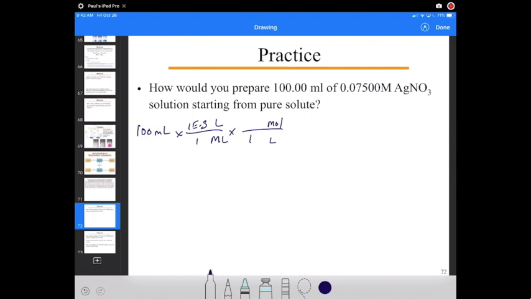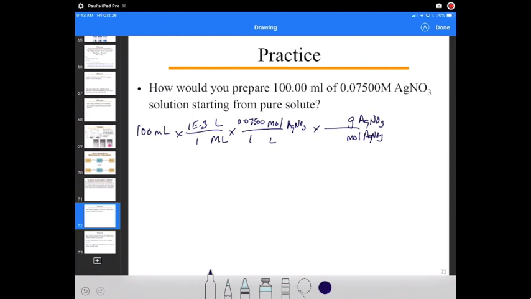And in 1 liter, I need 0.07500 moles, and all of this is still silver nitrate. Did I want moles? Can I go and measure out moles on a balance? No. What can you measure on the balance? Grams.